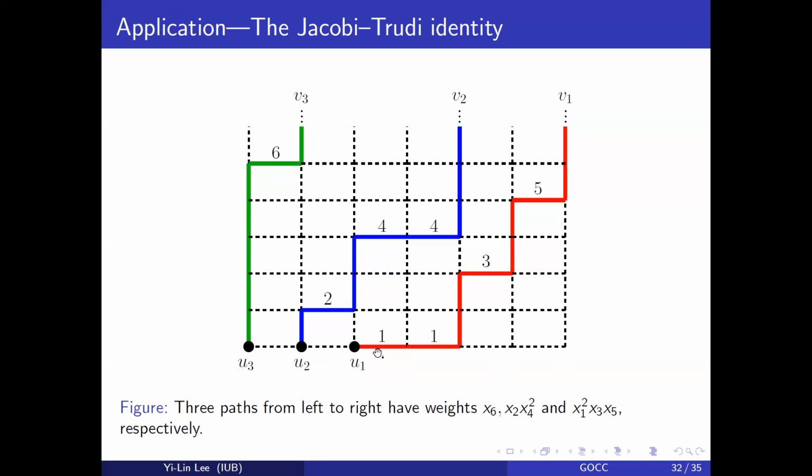So these two horizontal steps will be labeled by 1, 2 here, 3 here, 4 here, 5 here, 6 here. And the weight is, again, very similar to the weight of a semi-standard Young tableau. So for this red path, the weight will be given by x1 squared times x3 times x5. And for the blue path, the weight is given by x2 times x4 squared, and so on.